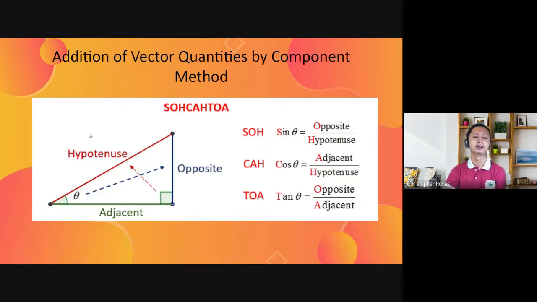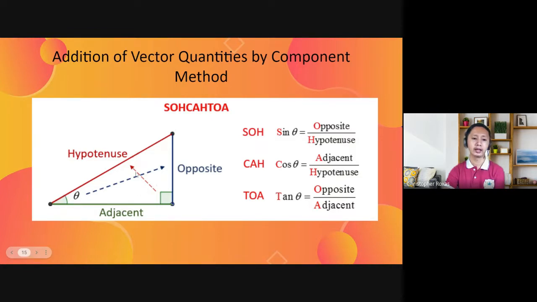Okay? So, in a right triangle, you have the hypotenuse and the two legs. The right angle is here. The angle here, we call it theta. So, theta is our reference angle. So, it is measured from the horizontal x-axis. Okay?